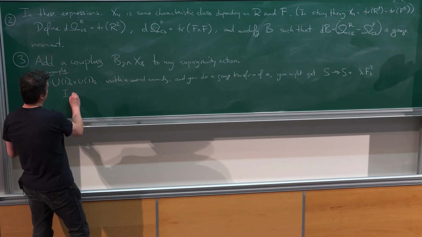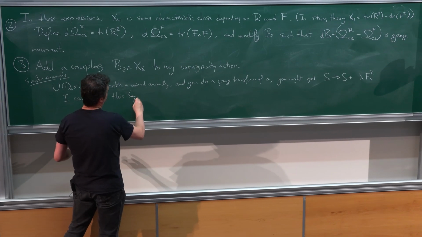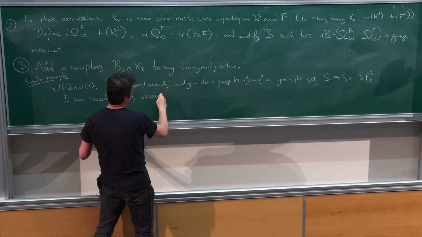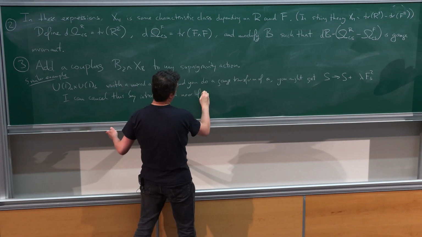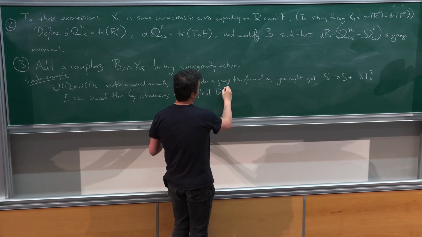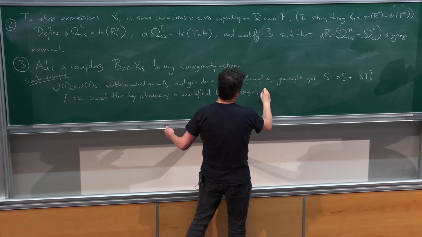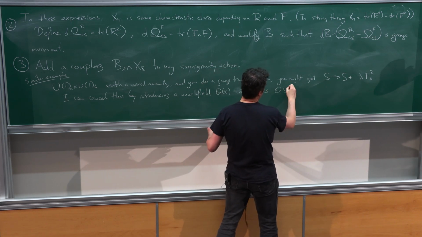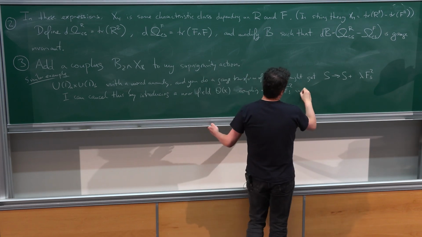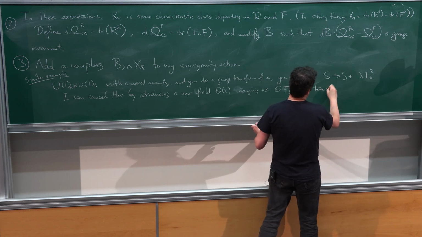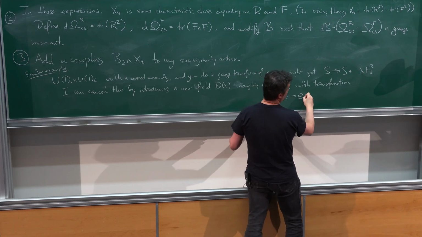I can cancel this by introducing a new field theta, coupling as theta F_B squared, like an axion, with transformation theta goes to theta minus lambda.